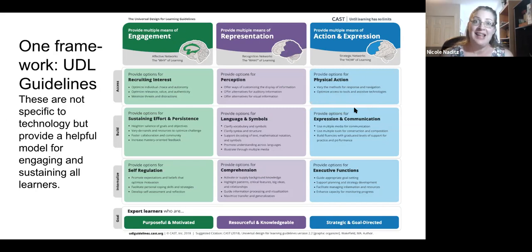Because again, if they can't even access the material, they cannot be engaged. And then finally, executive functions for goal setting, which kind of goes back to the reflection and self-regulation as well. There's a lot of overlap.